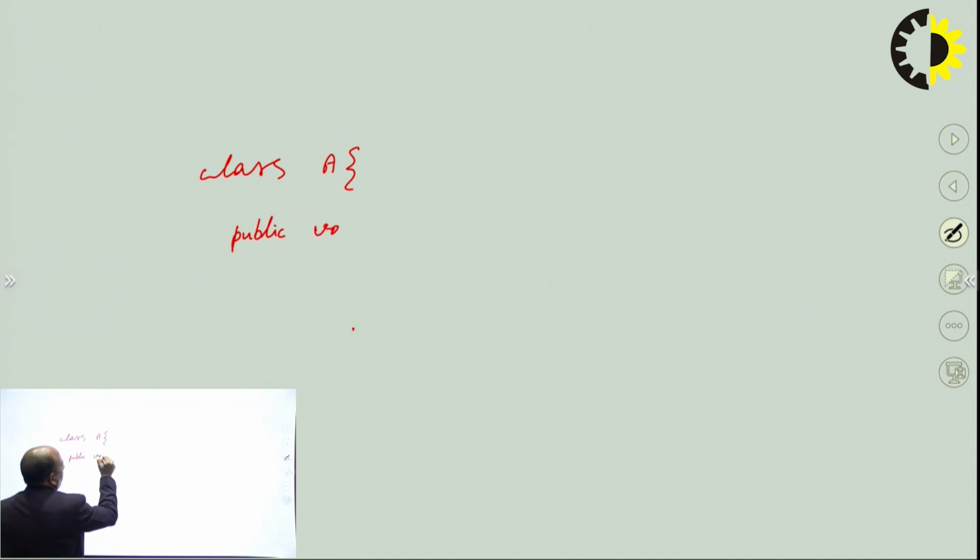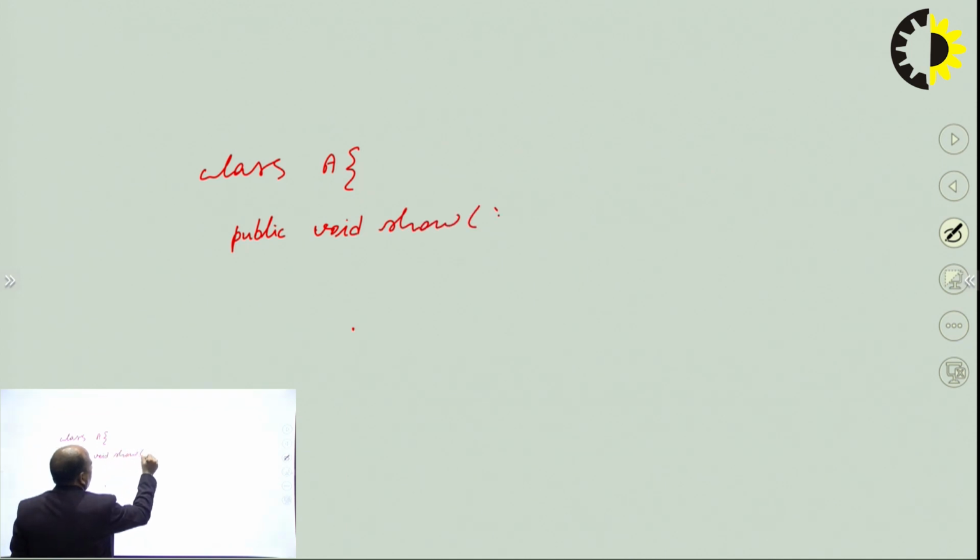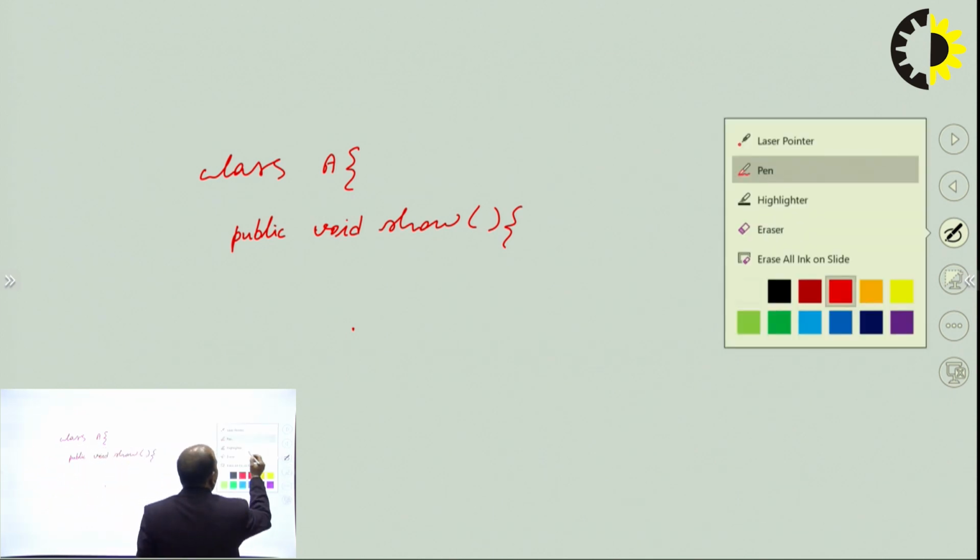So now let us understand how we can create a package. Let's say I have a class named A, and this class has a public void show function.